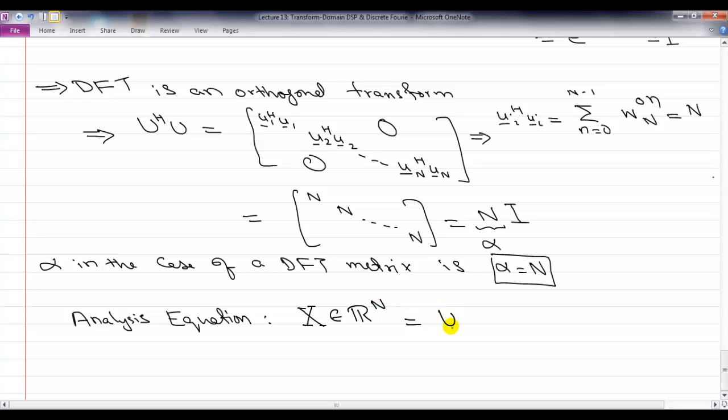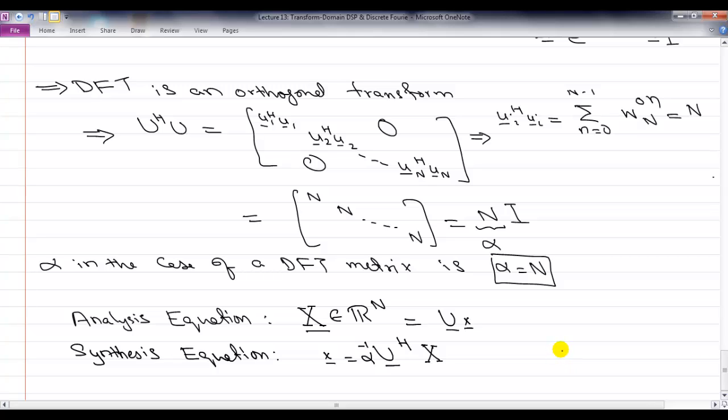That is equal to U times little x. So regardless of the transform, this analysis equation is not going to change, but the synthesis equation, that is little x equals U Hermitian capital X times alpha inverse.